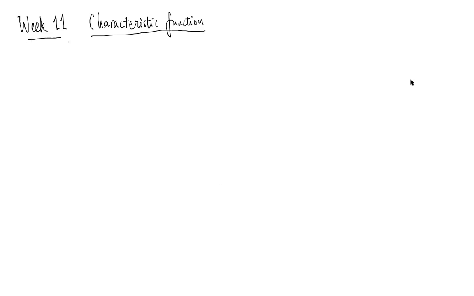Okay, so let's just refresh a little bit about the characteristic function, right? So we have the characteristic function defined as this expectation, where you basically have a complex number, i.